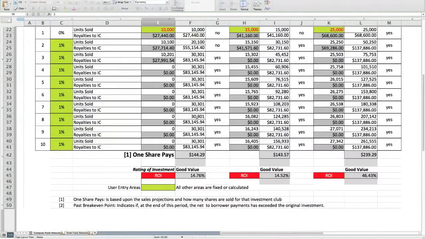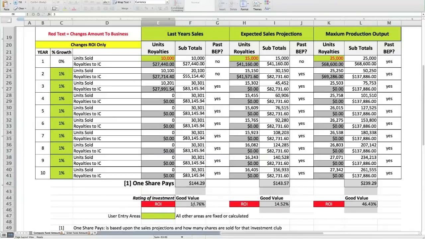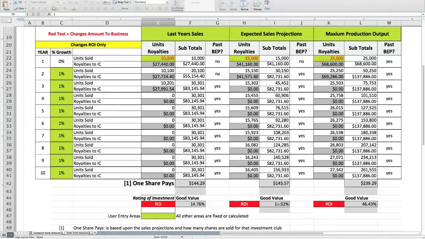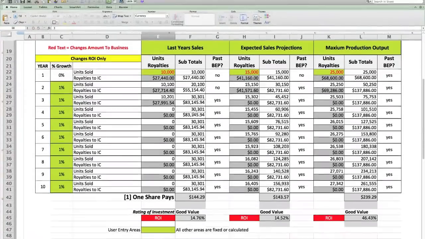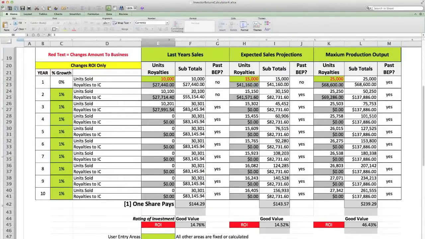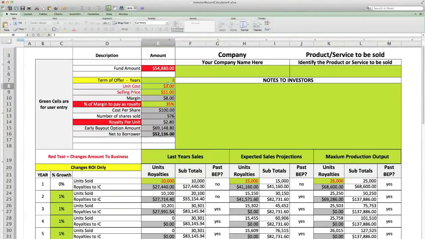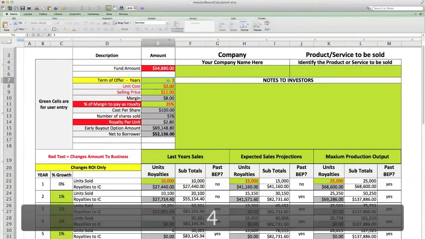Well, going from 4 to 3 years, we dropped down below that 20% based upon last year's sales, and even the sales for the subsequent year of $15,000 is really not enough to pick it up because we're cutting it off so close to the point where they just got their money back and we're only giving them 1 year. What we can do is, again, we go back to 4.